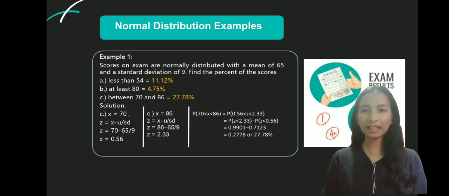The cumulative probability for z less than 0.56 is 0.7123, and the cumulative probability for z less than 2.33 is 0.9901. To find the probability between 70 and 86, we subtract the cumulative probability for z less than 0.56 from the cumulative probability for z less than 2.33.